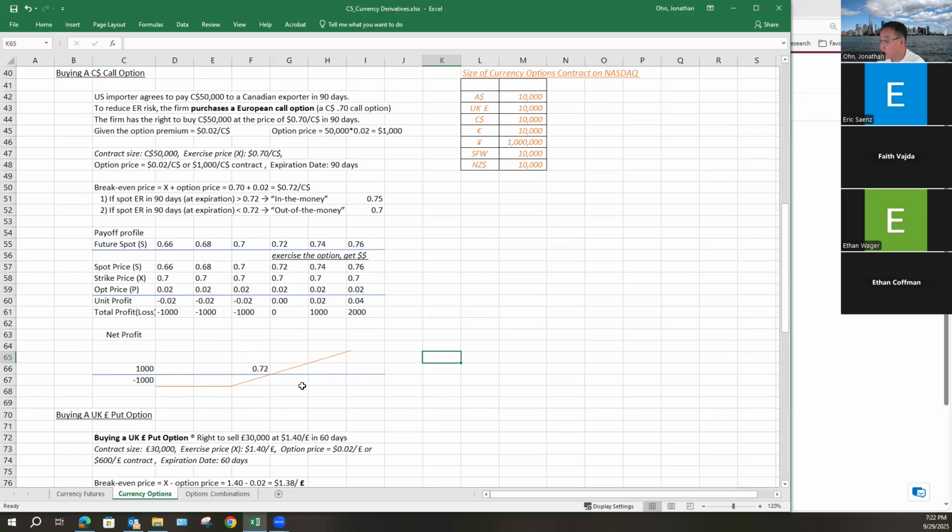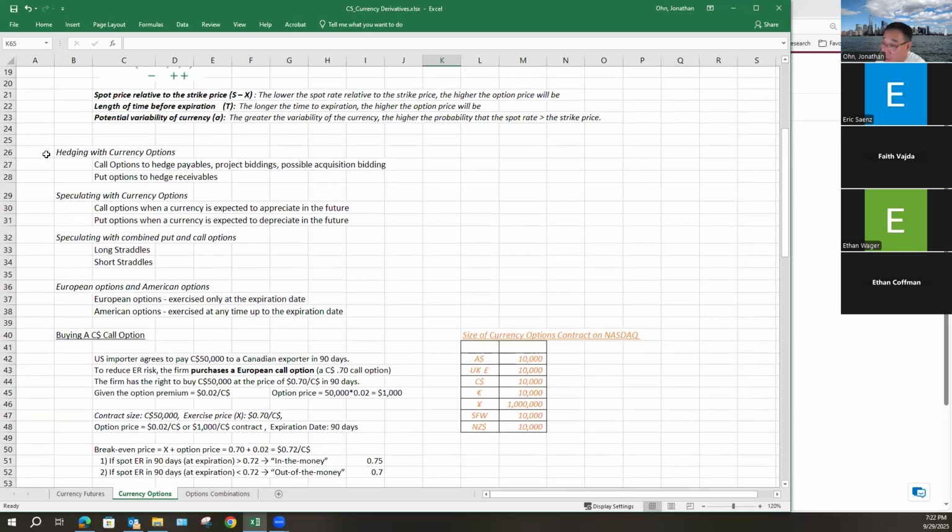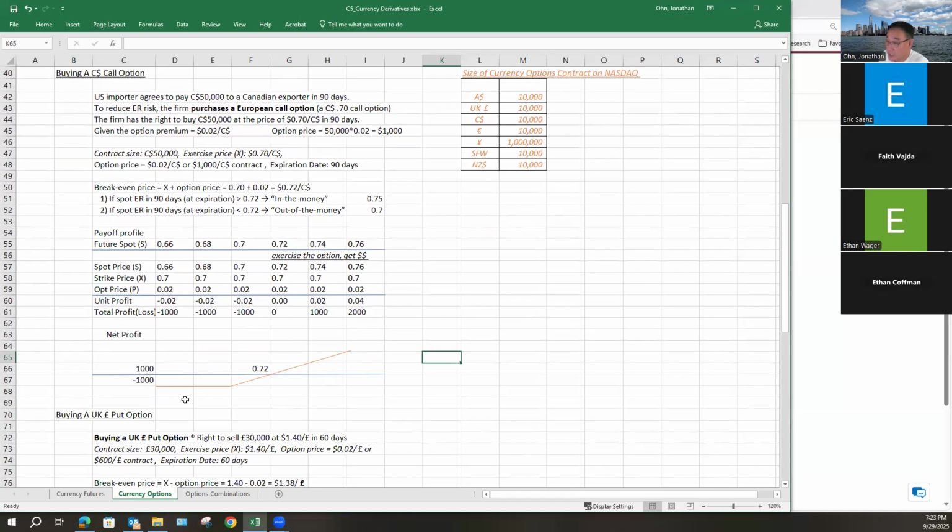So this is about risk management protection, and this is about your profit. Hedging, risk protection against the exchange rate risk, is achieved in here.